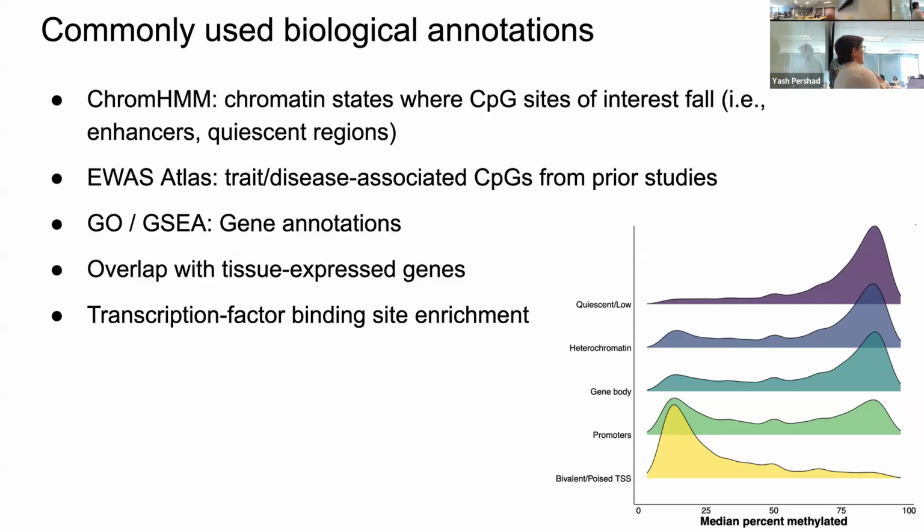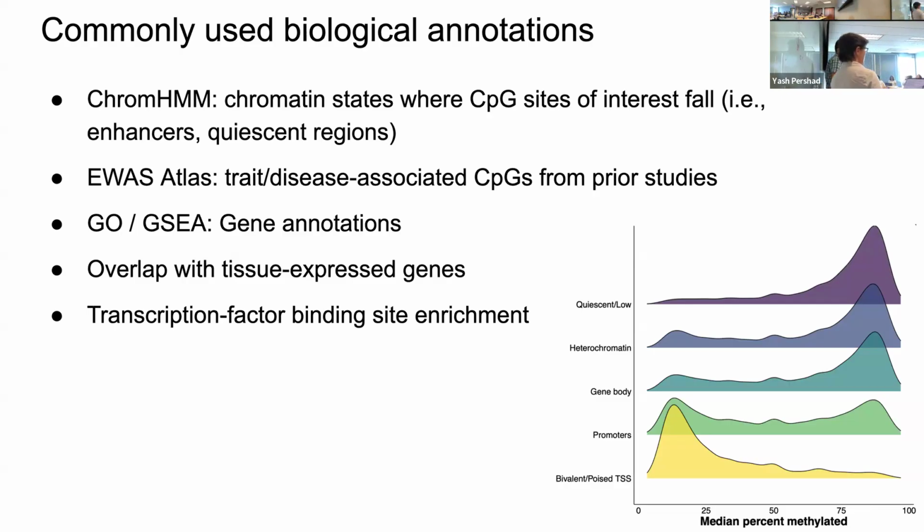And then ask, are those enriched for particular biological processes? So these are really easy. You just associate your CpG sites with a gene, and then use gene ontology or GSEA. These are pretty straightforward software, either with web browser abilities or can be done in most statistical software.